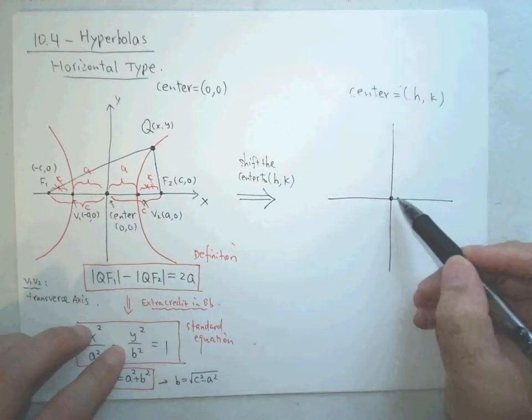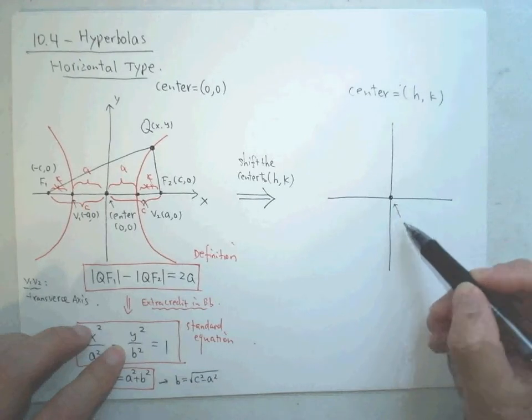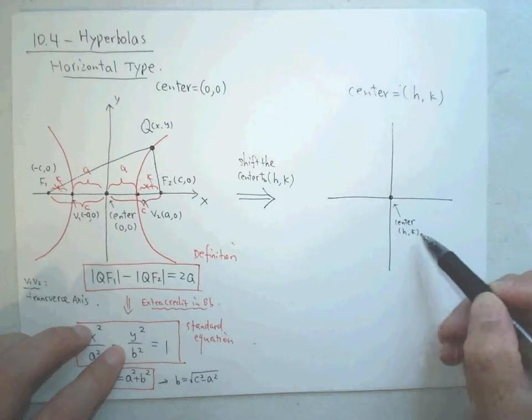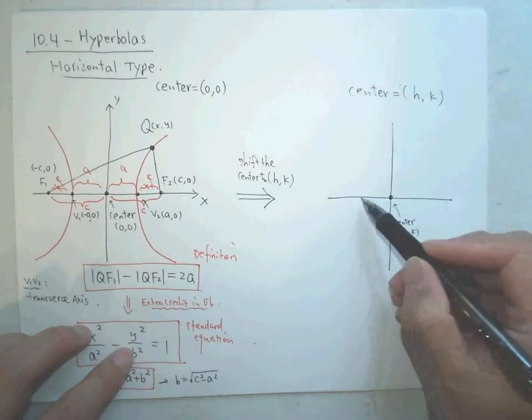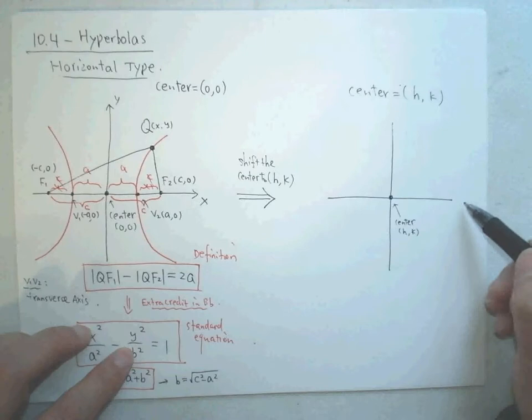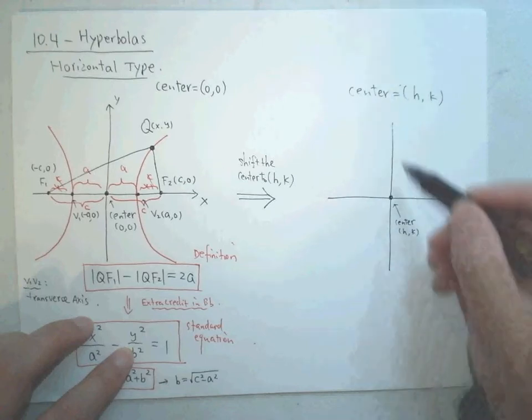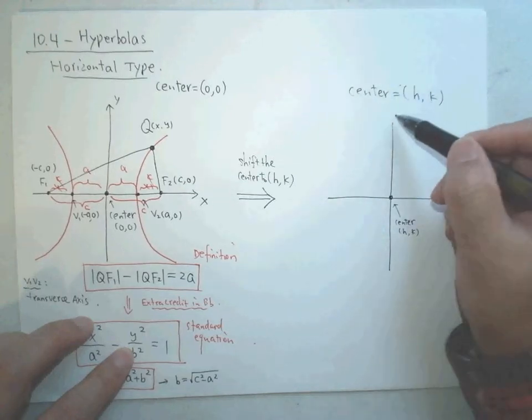So this point this time is the center, which is H, K. It means this is the transverse axis, right? This time it is not y equals 0, it should be y equals k. And this one is not x equals 0, it should be x equals h.